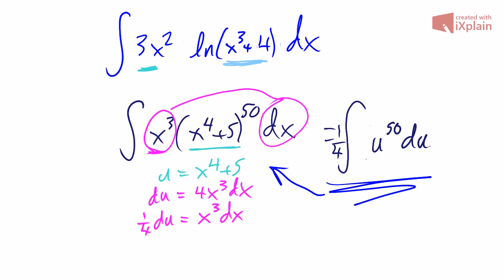All right, so that's how you know when to use u-substitution for antiderivatives or integrals. Again, if whatever function you're looking to find the antiderivative of, if you would have to use the chain rule to compute the derivative, then you're going to have to use u-substitution to compute the antiderivative.